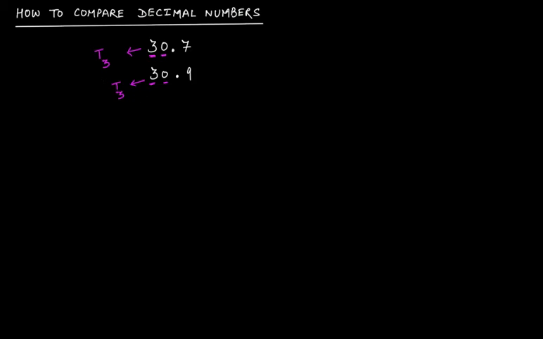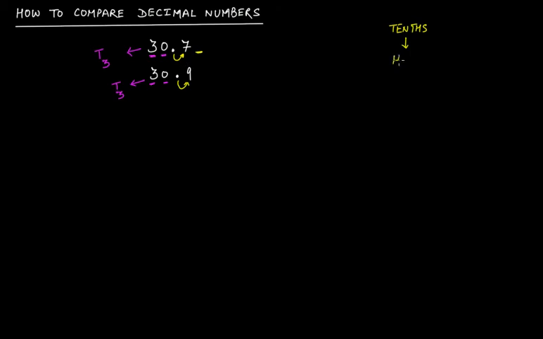What you will do next is just focus on this decimal point and tell me which place value comes after the decimal point. You will say tenths come. Okay, tenths come. So what comes next? Which place value comes next after the tenths?